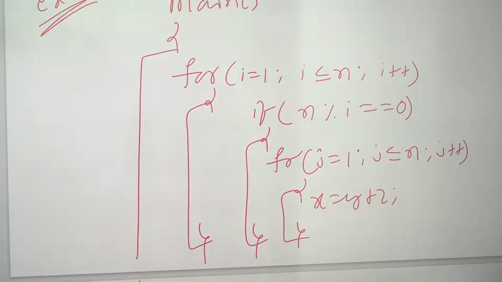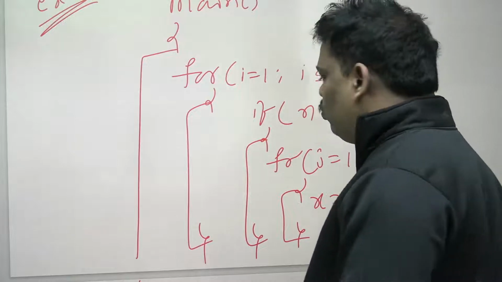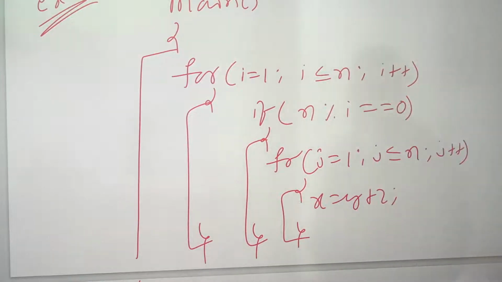Two for loops: for i = 1 to n, for j = 1 to n, x = y + z. If anyone knows, let me know.